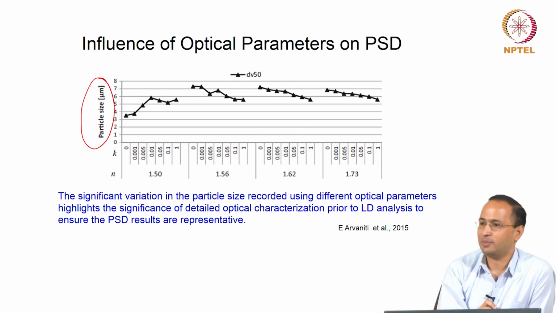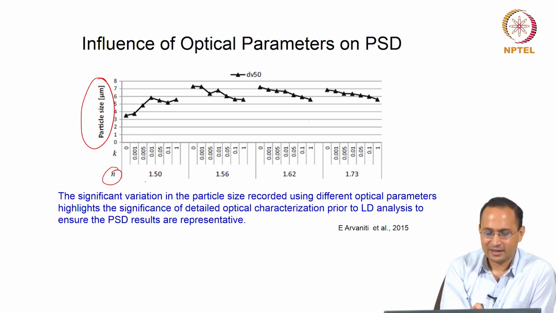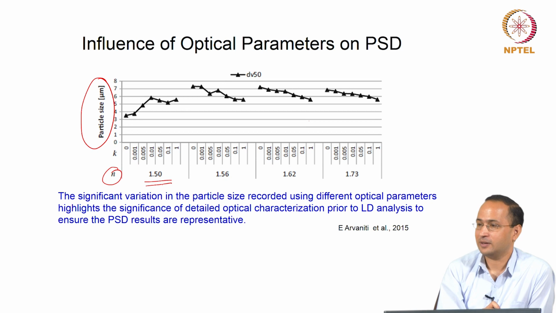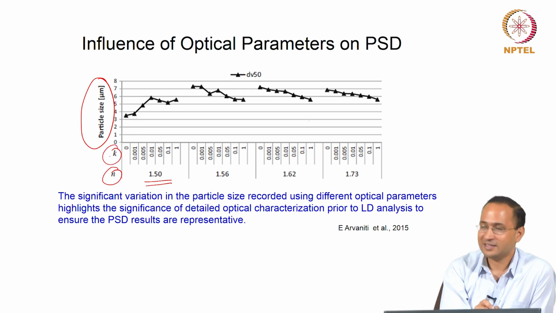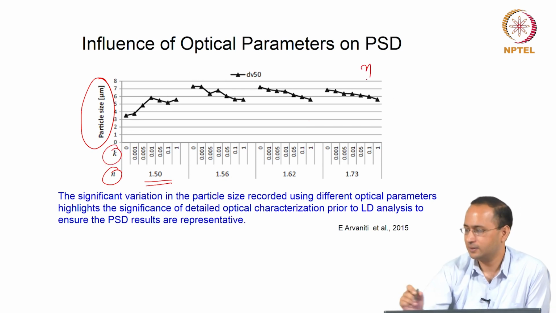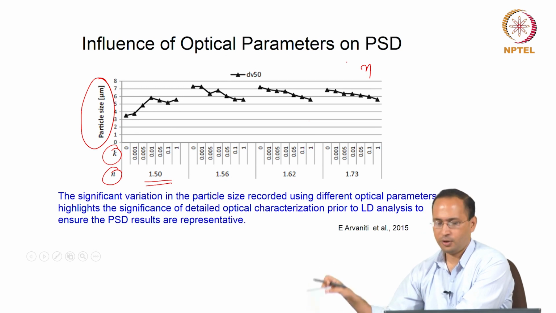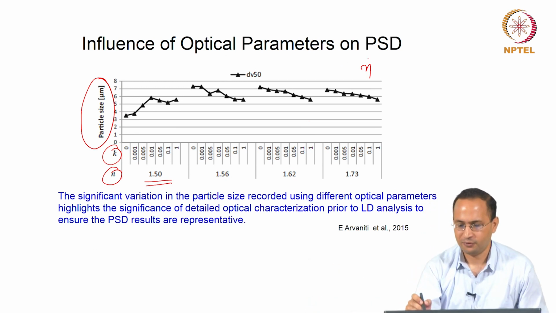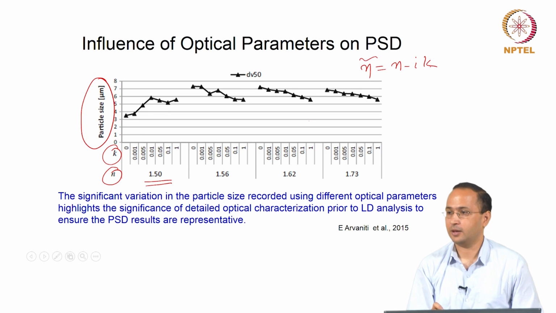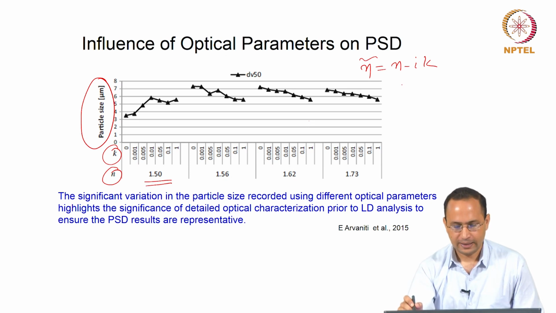So again we are plotting particle size on the y axis. N is the refractive index, and K is the imaginary part. We are talking about the complex refractive index. So N is the real part, K is the imaginary part.